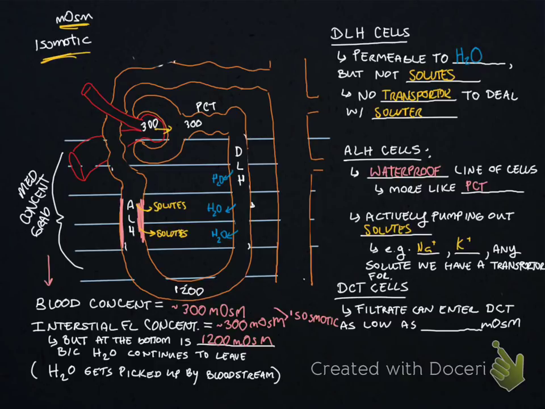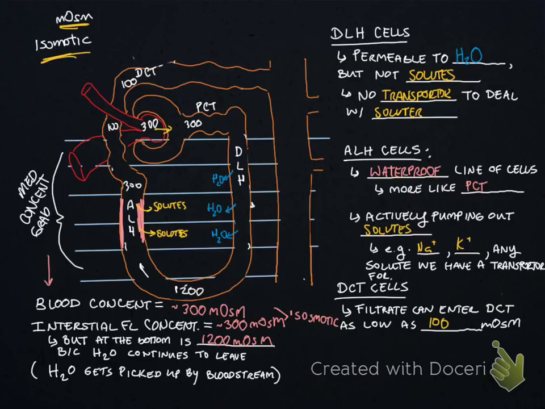So what is that going to do to the concentration of the filtrate? It's going to make it less concentrated so that as it's moving this way, it will become less and less concentrated until we reach the distal convoluted tubule, and it becomes so unconcentrated that it can be around 100 milliosmoles. Okay, 100 milliosmoles. That means it is super dilute. That is when your urine is really almost clear.